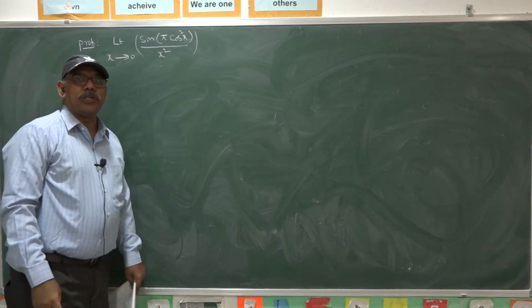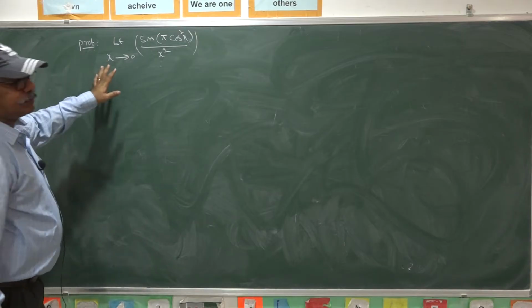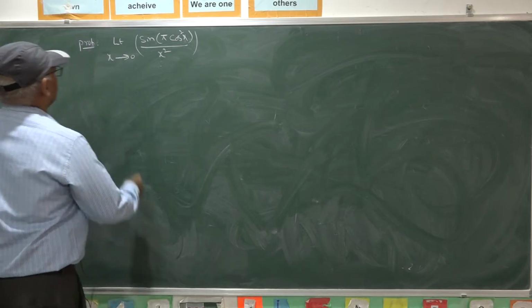Limit as x goes to 0, sine of pi cos square x by x square. This is our limit.